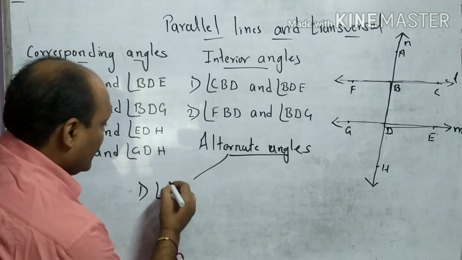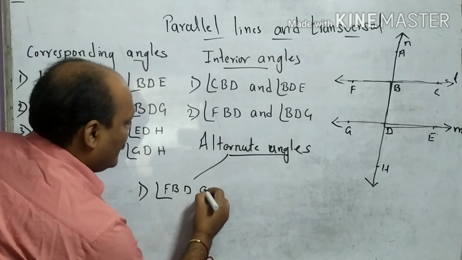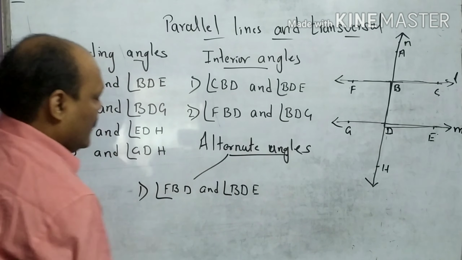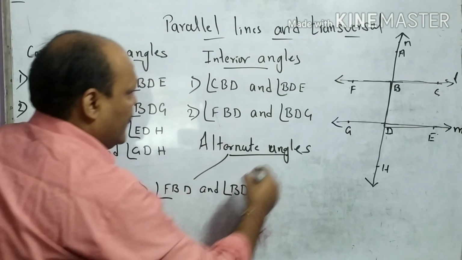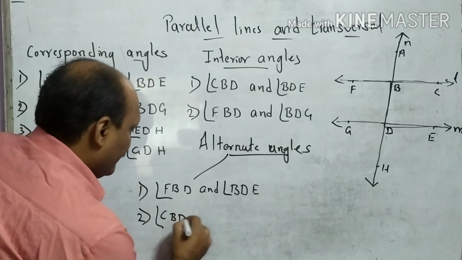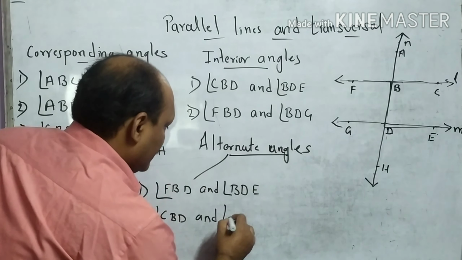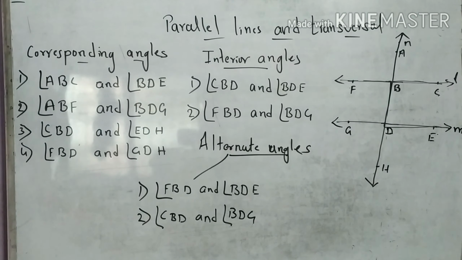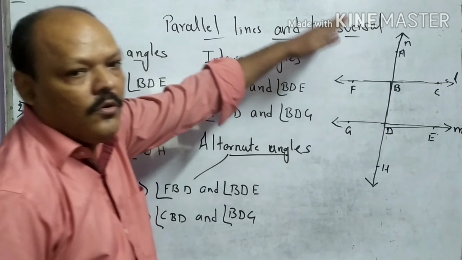That means angle FBD and angle BDE. And the second one, angle CBD and angle BDG. These are the two pairs of interior alternate angles. Interior means between the two parallel lines.